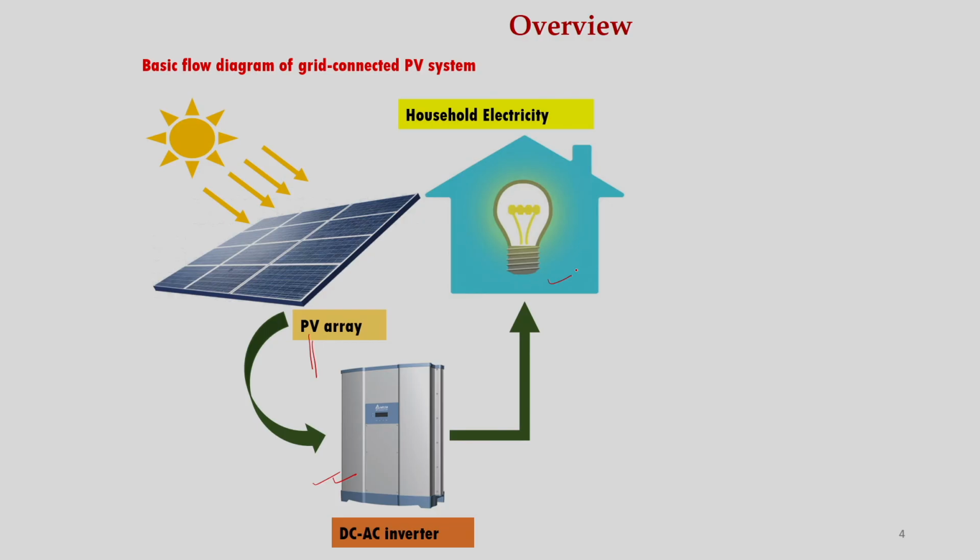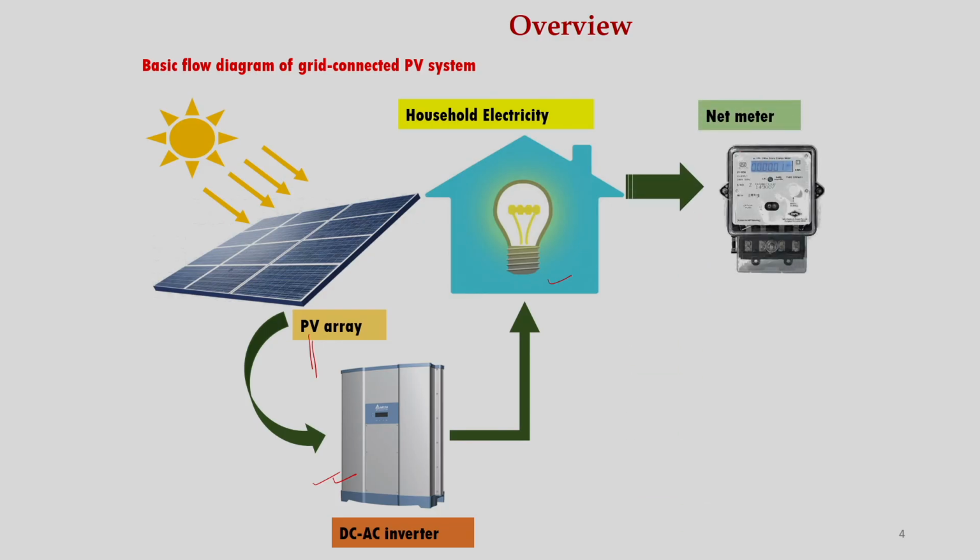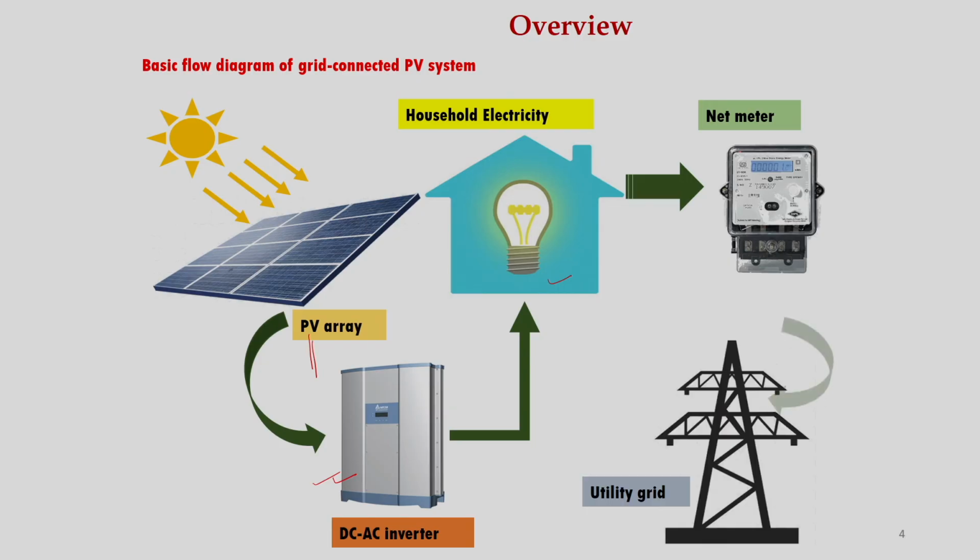This is called AC load, and if we have generated more energy, then through a meter we can give it to the utility grid. So, during the daytime, suppose in a household we are generating energy through this PV system and we are not utilizing it, what we can do? We can provide the energy to the utility grid.